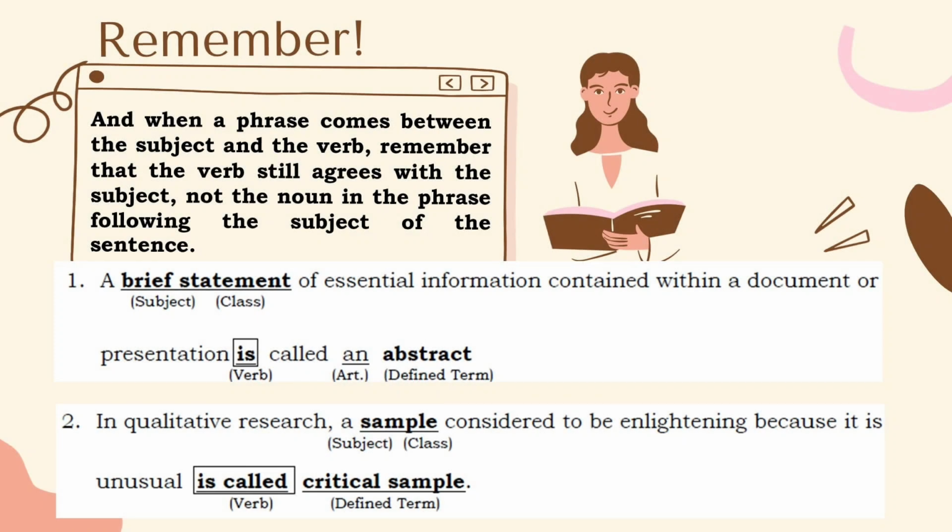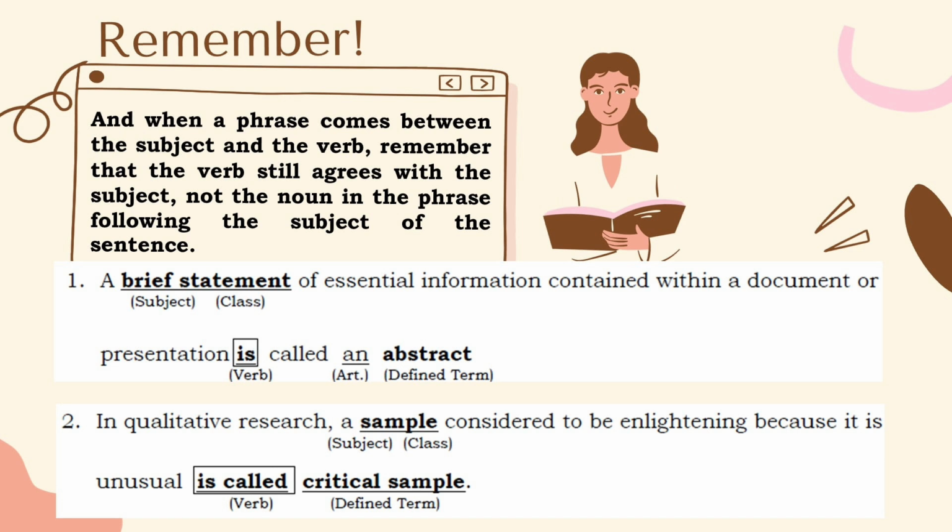And also, please remember that when a phrase comes between the subject and the verb, the verb still agrees with the subject and not the noun in the phrase following the subject of the sentence. This may occur when you use pattern number 2 in writing your definitions, wherein we have the class as the first part, followed by the differentiating characteristics, and lastly the term.